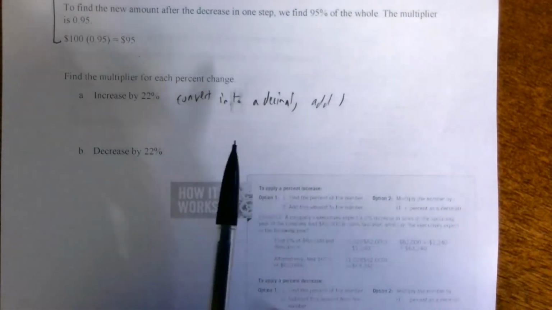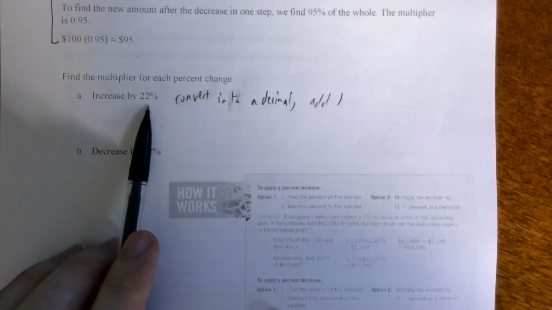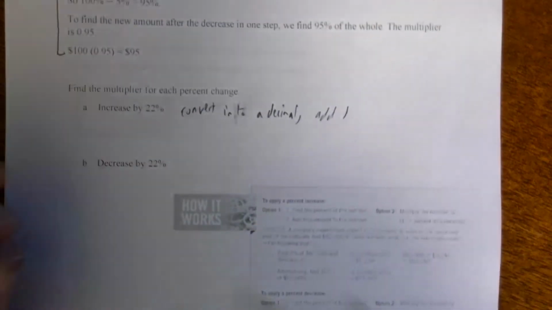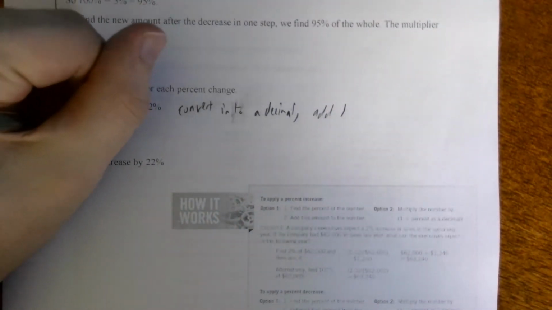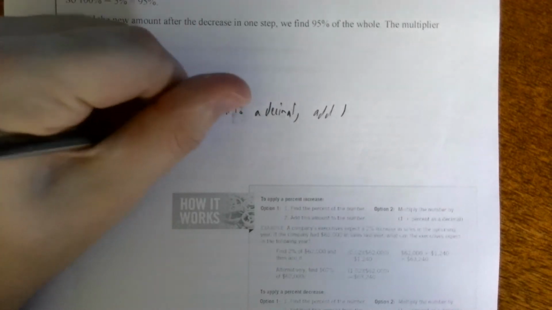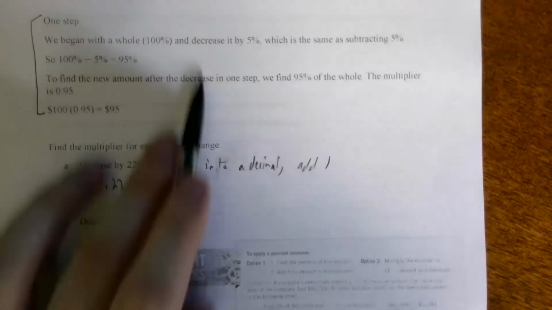So what that's basically saying is that you're converting this increase into a decimal, and then you're just adding 100%, which is just the price of the item. So it would change into 0.22, then you add 1, so our multiplier is 1.22. Right? So this 1.22 is just like the one-step process up here.